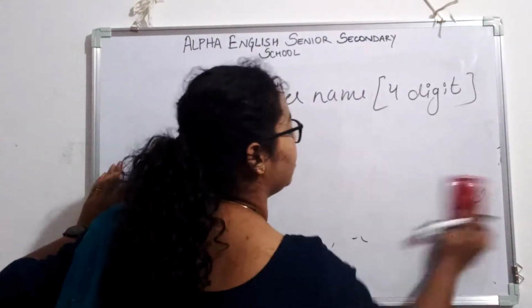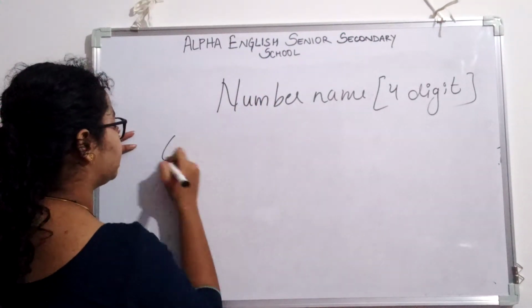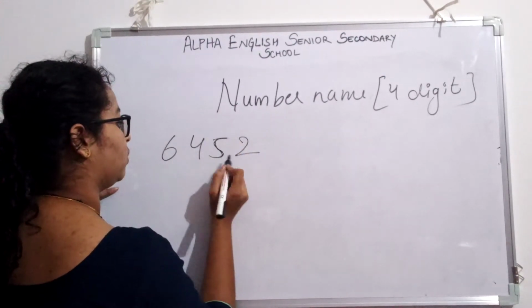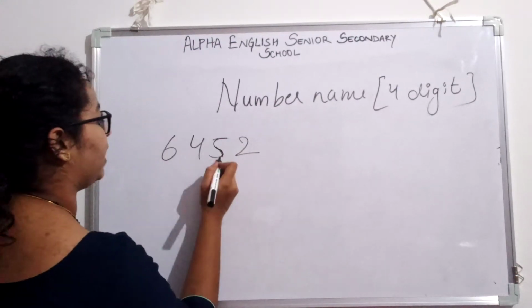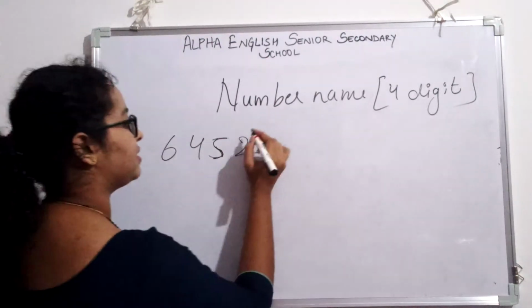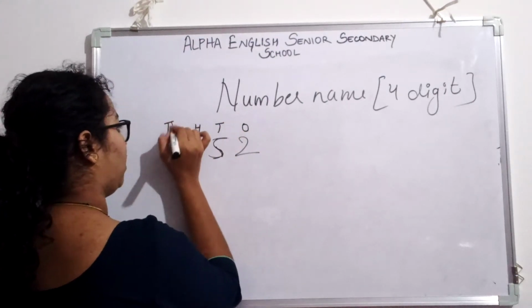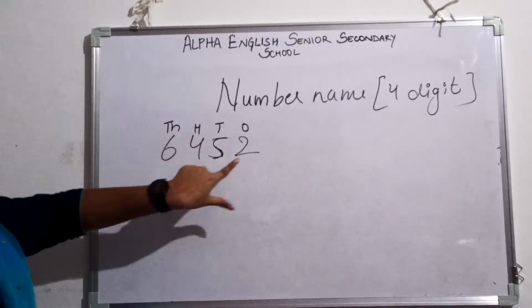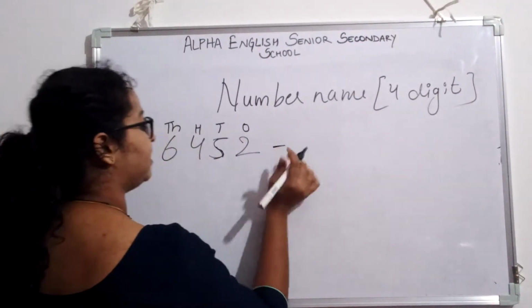Let's take a last example, 6452. Let us label it ones, tens, 100 and 1000. So how will we write this number?